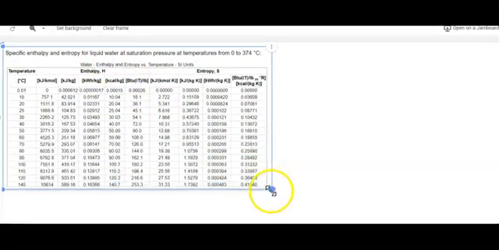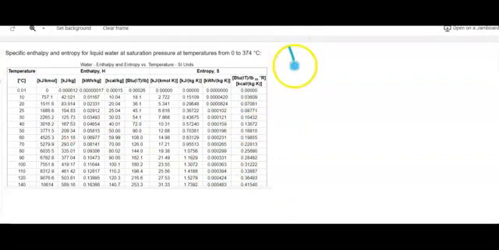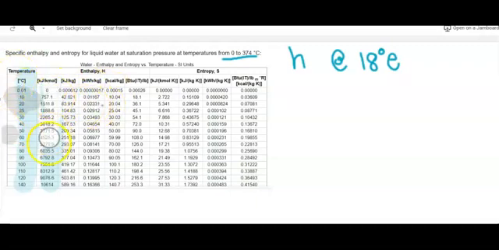Okay. Now let's say I want to find the H of the water at 18 degrees centigrade. That's all in centigrade. So how do I do it? I'm just going to use this one, 10 and 20. Oh, sorry, I selected the wrong one. It's not that one, it is that one.